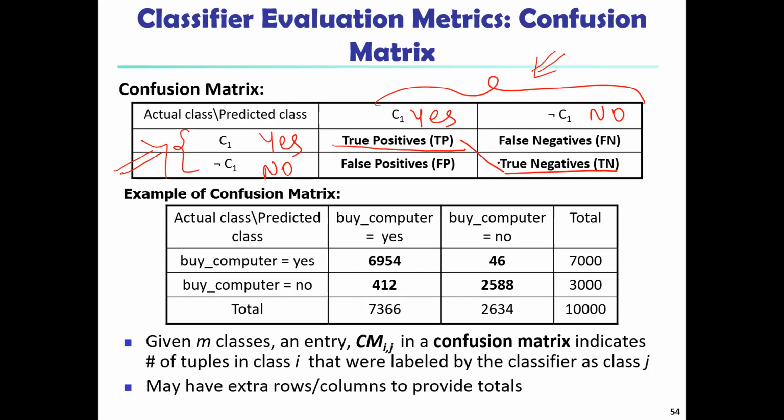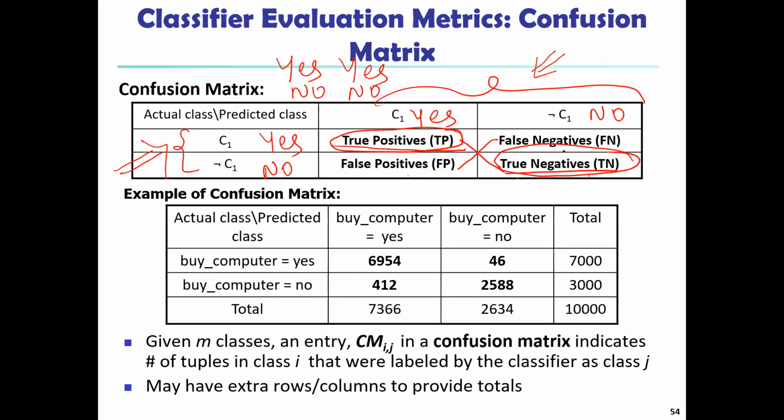As we see, the true positive and true negative are on one diagonal, and false positive and false negative are on the other diagonal. If the actual class is yes and the predicted class is yes, then it is true positive. If the actual class is no and the predicted class is also no, then we call that a true negative.